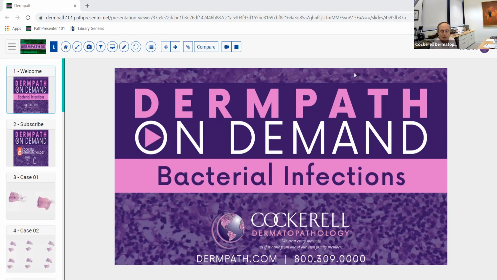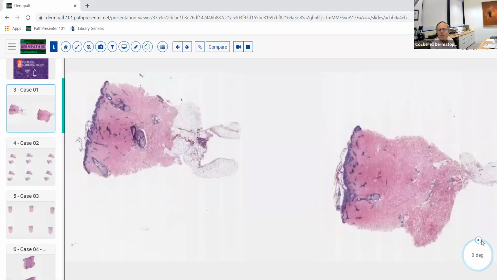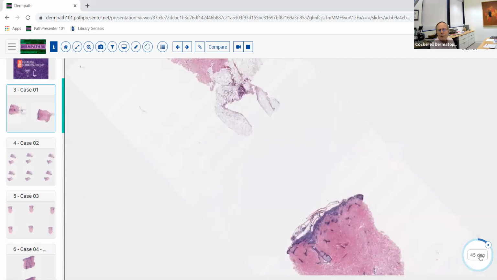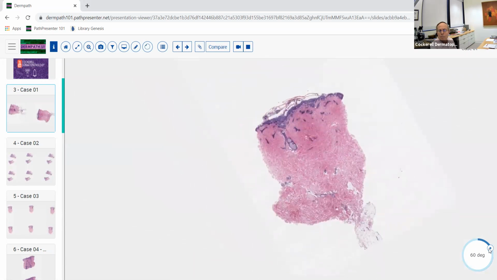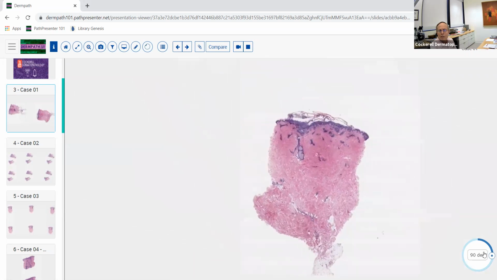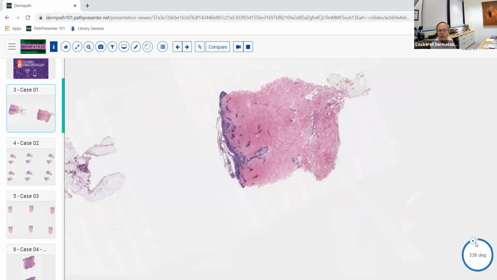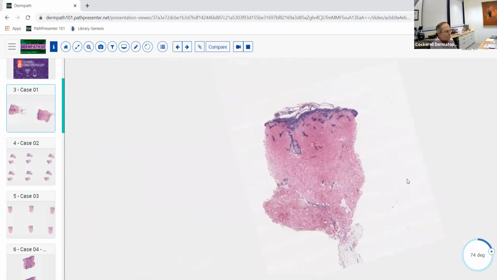I'm going to go over today some bacterial infections, histology of bacterial infections. And when you think about bacterial infections, there's really quite a few of them out there that can affect the skin. So think about whether they're pyogenic bacteria, whether they're gram-positive cocci like staph or strep, what kind of infections those can cause.